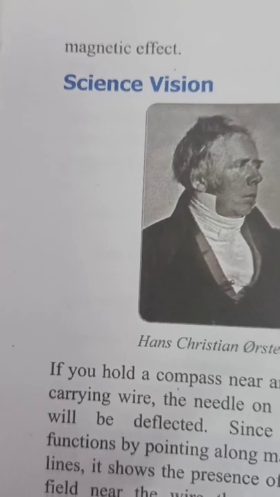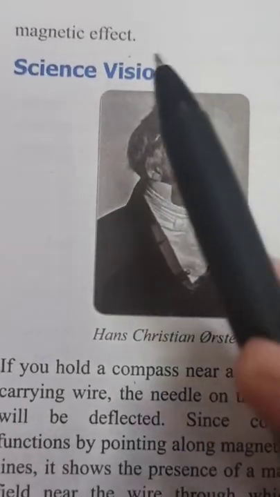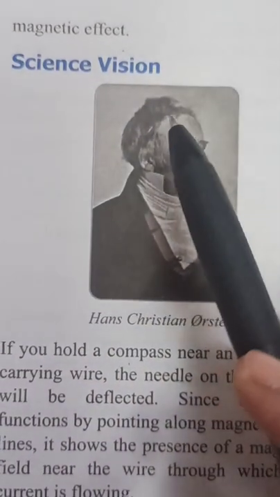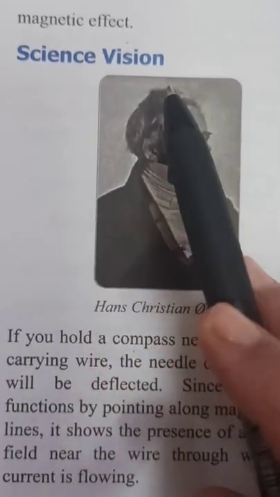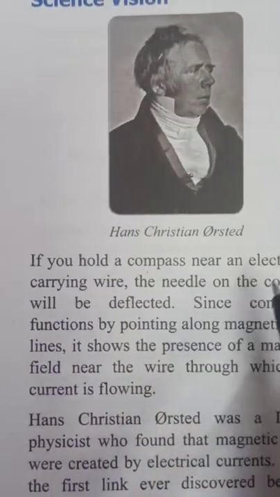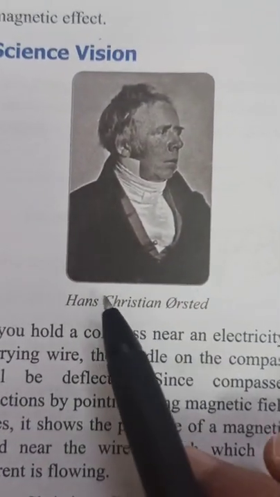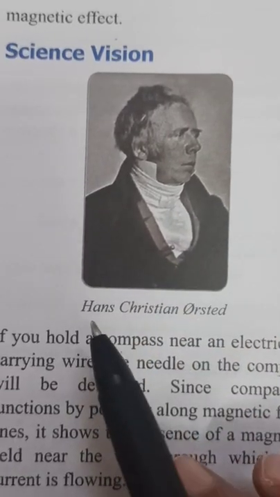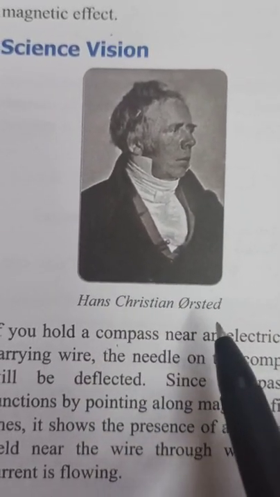Children, after this the next topic is Science Vision. In this paragraph they have written about the famous scientist Hans Christian Ørsted.